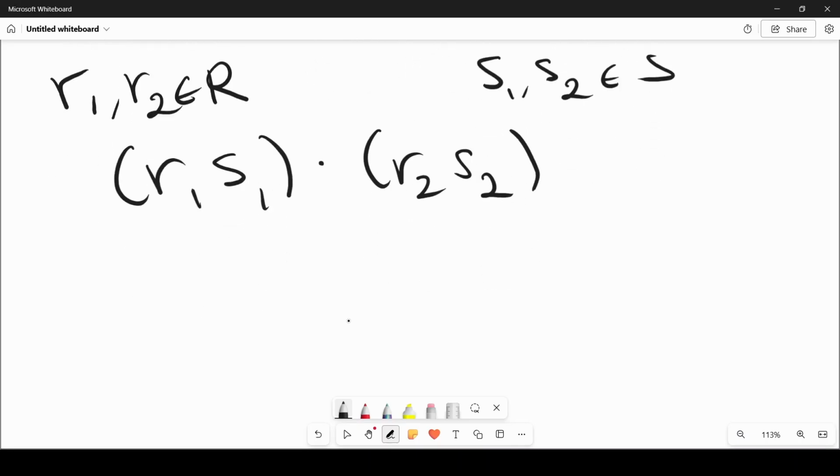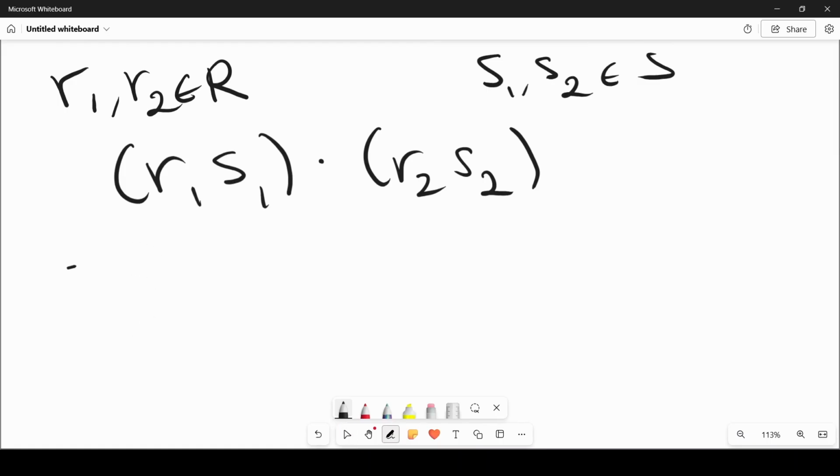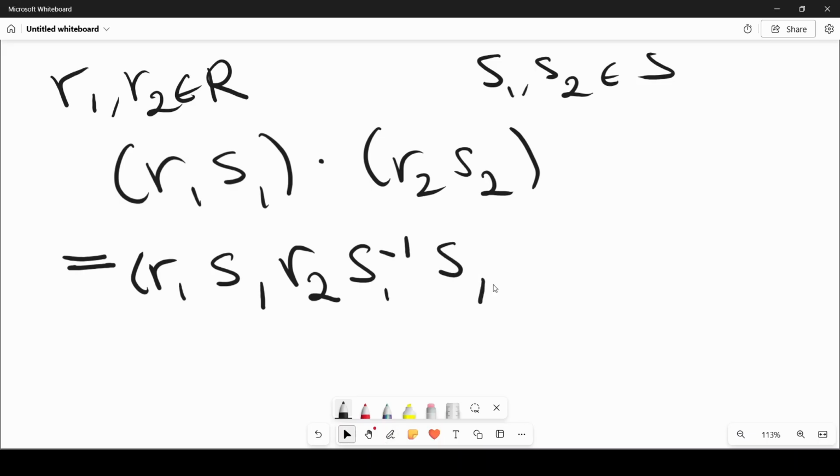So I'm going to do a little trick, which is I'm going to rewrite this as R1 S1 and then I'm going to introduce an extra term, which is after this R2, I'm going to introduce an S1 inverse and an S1, and then S2. So notice that adding this term in doesn't change anything. They just multiply to be 1.